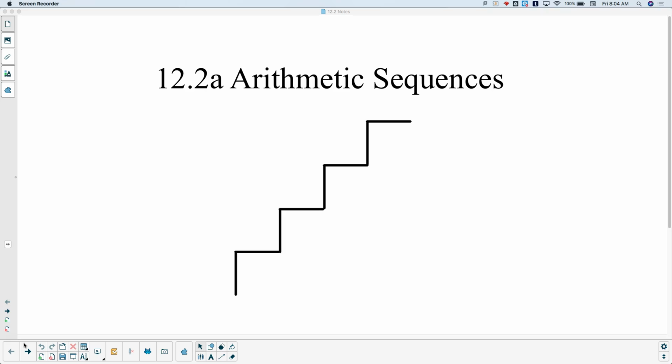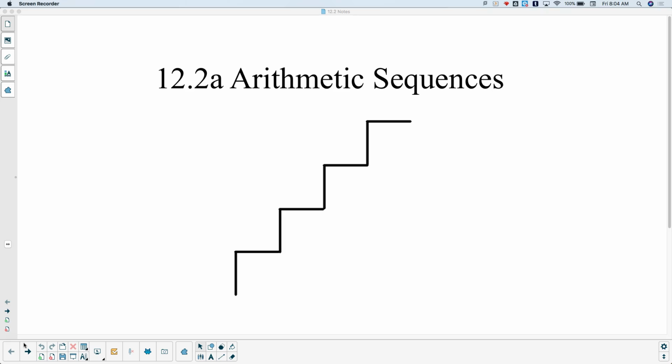We're going to talk 12.2. I've divided 12.2 up into 3 separate days. Today we're going to talk about arithmetic sequences and series, and we're going to develop rules for them. Actually, today we're going to talk more about sequences. Monday, we will talk more about series, finding the sum of an arithmetic series.